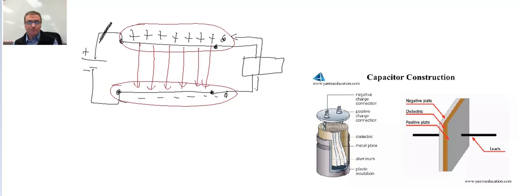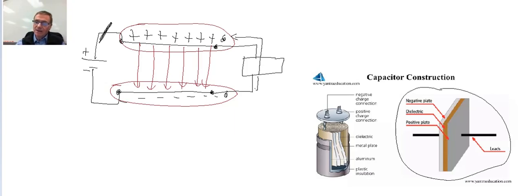So what are some of the characteristics of a capacitor? Well, it's really very simple. If you look over on the right-hand side, I've got a metal plate on the right-hand side, a metal plate on the left-hand side, and in the middle you can have anything.